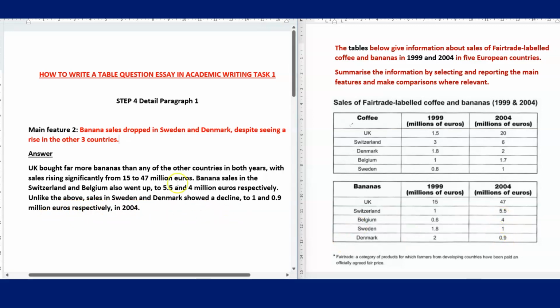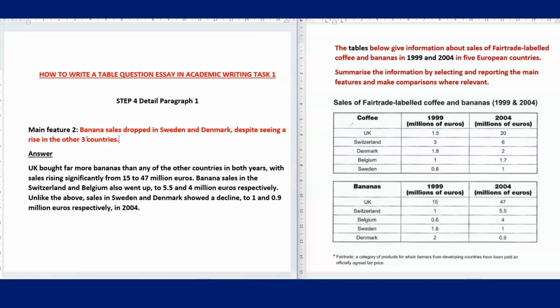So now it's very clear. When you read it, you know that we've compared the three unlike the above. We've separated those three from the last two, which has actually proven our point that banana sales dropped in Sweden and Denmark despite seeing a rise in the other three countries.